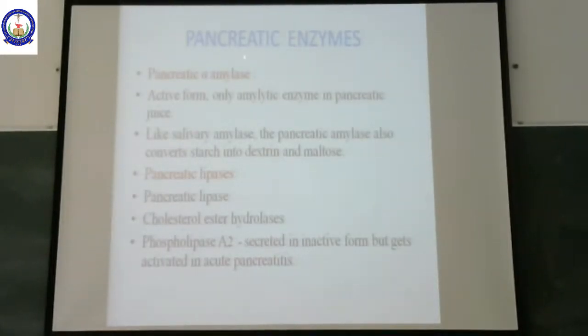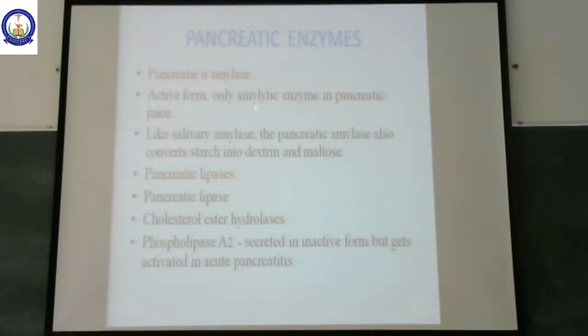Now let us see what the different pancreatic enzymes are and what their function is. Pancreatic alpha amylase. Remember the word amylase. Amylase means the enzyme that breaks down carbohydrate. Okay. So this pancreatic alpha amylase is secreted itself in the active form.